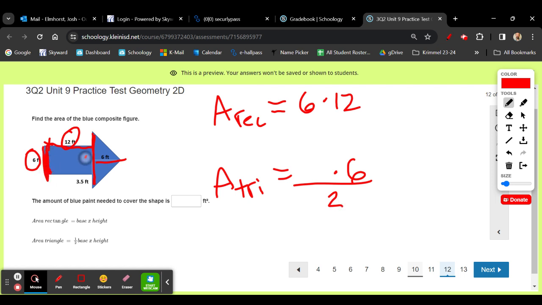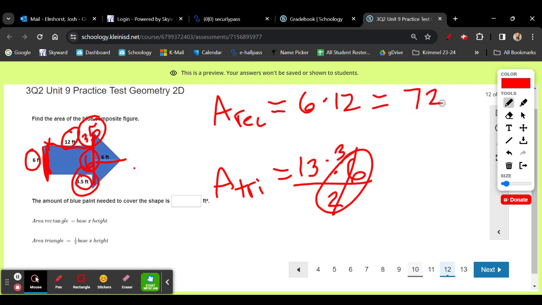If this is 6 here, then that's going to be 6 here, and that's 3.5, then this is going to be 3.5. So we add those all up. 3.5 plus 3.5 is 7. 7 plus 6 is 13. We're going to divide that by 2. 6 divided by 2 is going to be 3. Got 72 plus 13 times 3, which is 39.